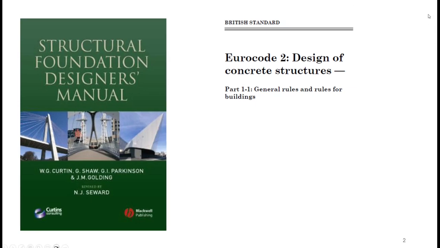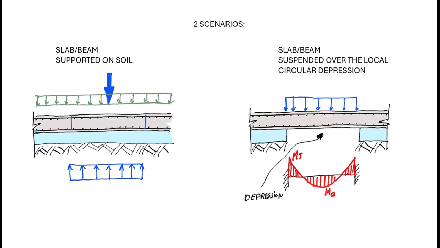Let's explain a little bit the principles of the approach used in our software and presented in the book. We've got two scenarios we need to consider. First, we are checking bearing of our raft on the soil, and we also need to do all related checks.